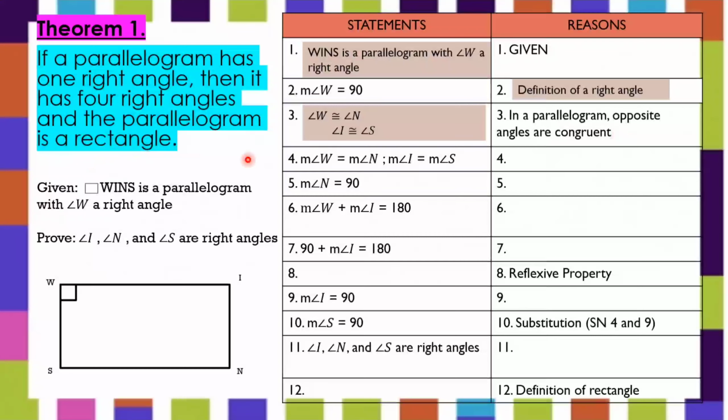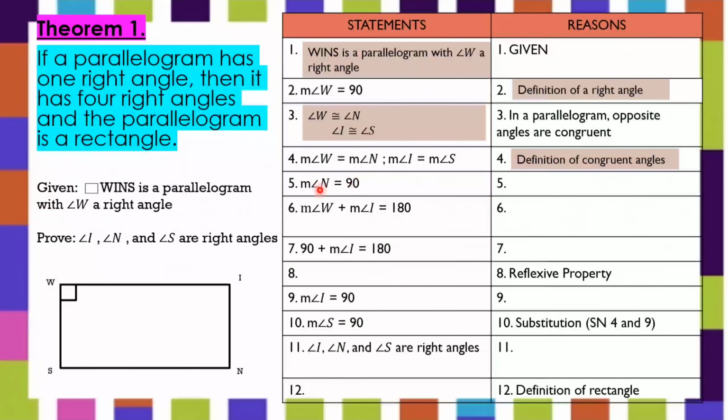So, since congruent yan, pwede nating sabihin that the measure of angle W is equal to the measure of angle N, since congruent nga yung dalawang angles. And that the measure of angle I is equal to the measure of angle S, for the reason of congruent angles. Pag ang dalawang angle ay congruent, ibig sabihin meron yang equal measures.